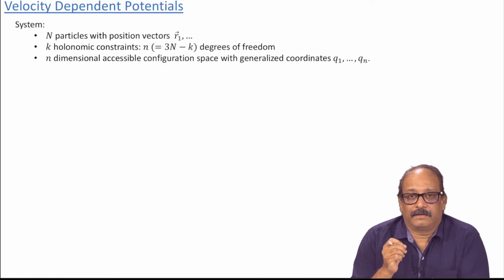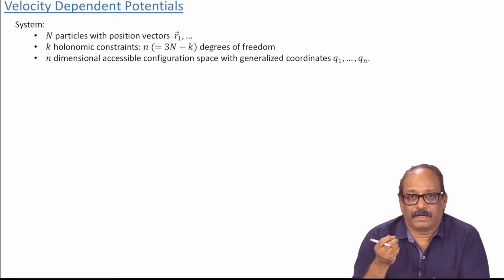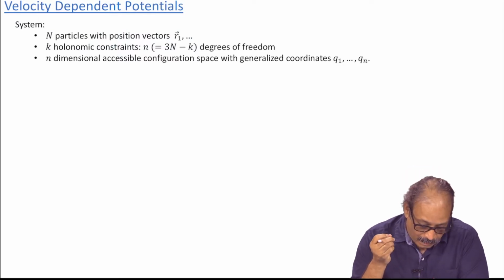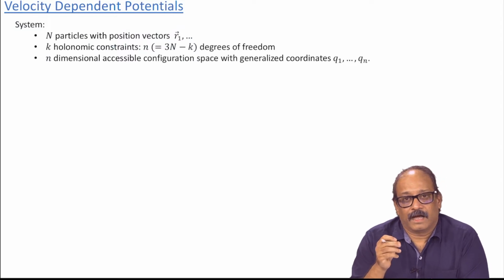remember we start by talking about a system, and in the system we have n particles which have position vectors given by r_i, and then you have k holonomic constraints in the problem, and we know what we do in this case. We use these k holonomic constraints to reduce the degrees of freedom.